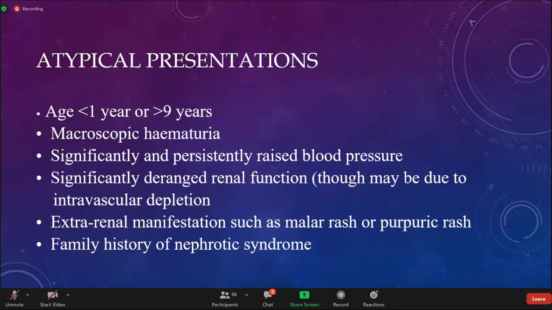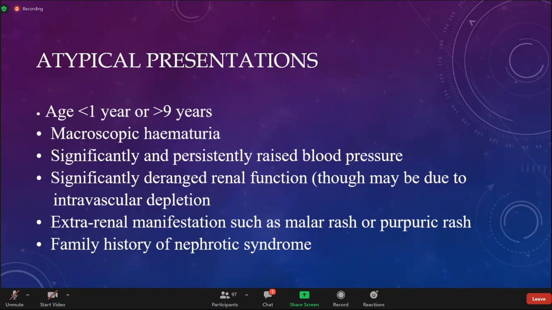When it comes to nephrotic syndrome, there are atypical presentations. The usual age group is 2 to 6 years. This is the usual age at presentation. But there are atypical features. What do atypical features suggest? They suggest that the child may be having non-minimal change disease.